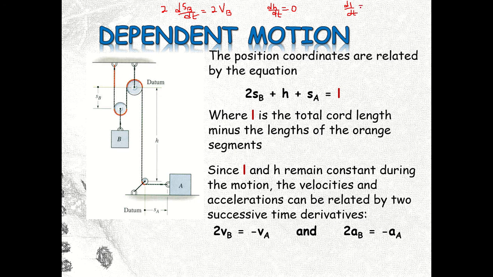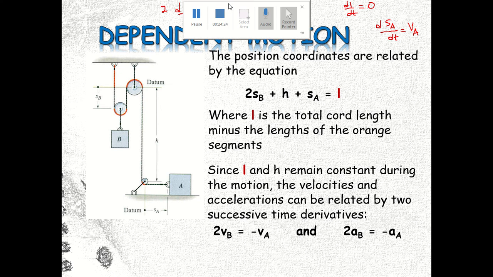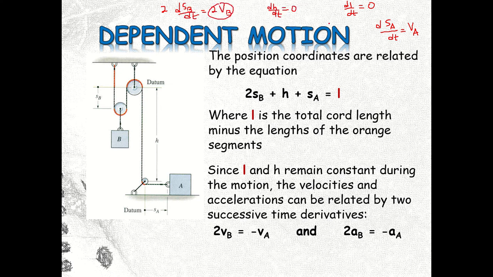So that's why our equation becomes twice the velocity of block B, then the derivative of SA with respect to time, which is the velocity of block A. So as a result of our differentiation, we have 2VB plus VA equal to 0.